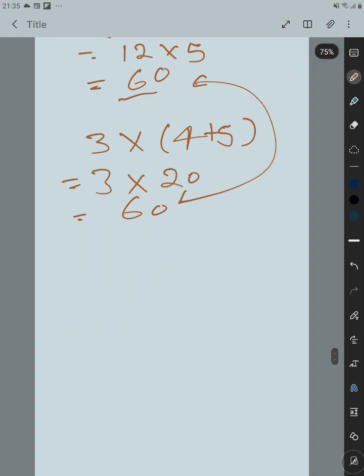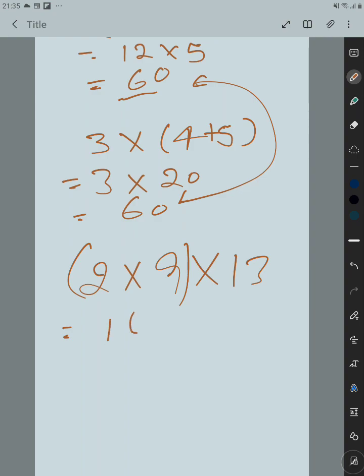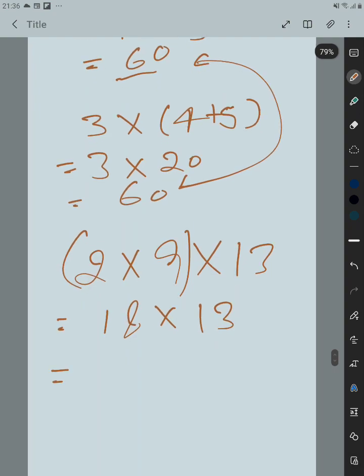You take any example, you take 2 multiplied by 9 multiplied by 13. Associate these two, you will get 18 multiplied by 13. Now you multiply these two, and you can multiply in the simplest way.